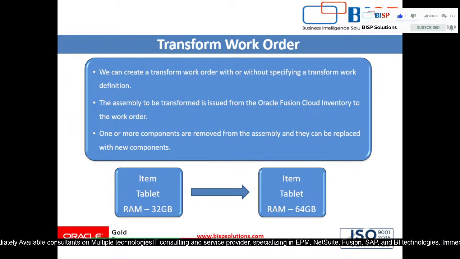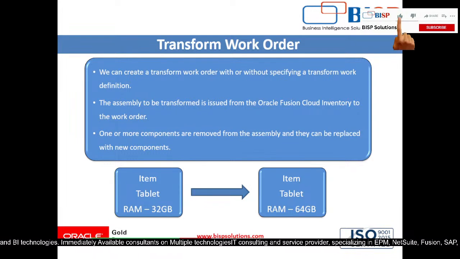A transform work order is created in the manufacturing application where the assembly to be transformed is issued from Oracle Fusion Cloud Inventory, and the operations are executed on the shop floor, right? One or more components are removed from the assembly and they can be replaced with new components, and the assembly now gets transformed into another item because of the change in the components.